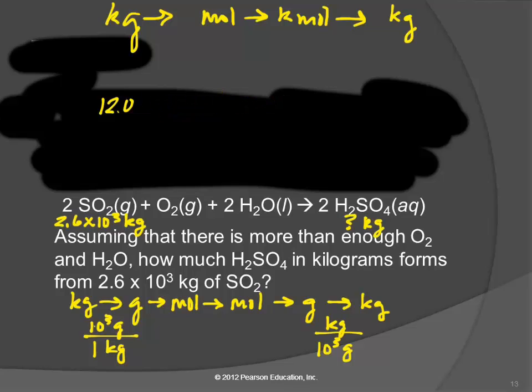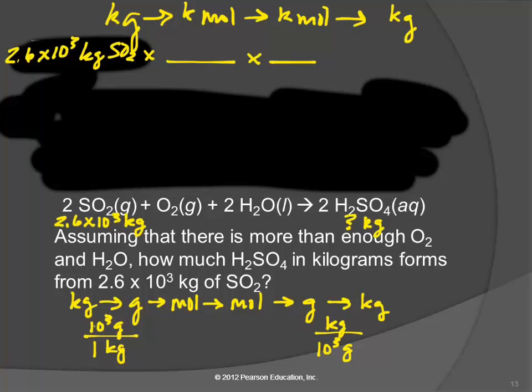So I need to erase that. Okay, so I'm going to start with kilograms. So 2.6 times 10 to the third kilograms of SO2. And I'm going to have 3 conversion factors, and I'm going to follow my map.